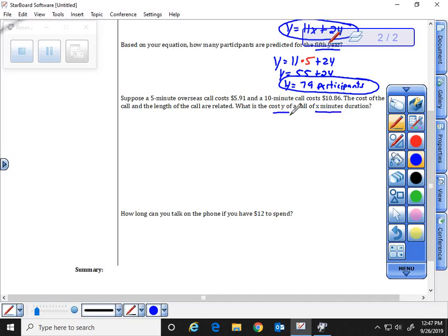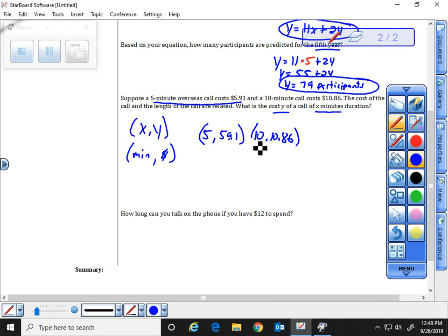So the minutes will be the x value, and the cost will be your y values. So we'll relate those together, having it as (5, 5.91) and (10, 10.86). So let's figure out the slope.